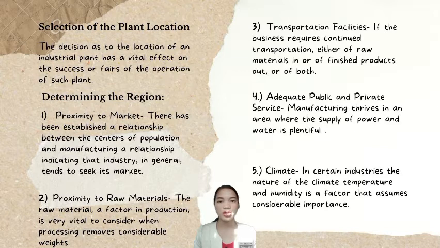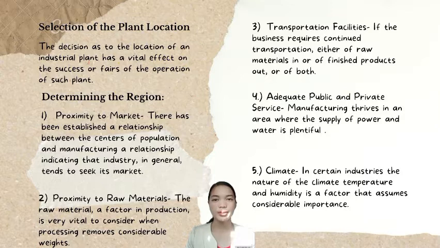The third one is transportation facilities. If the business requires continued transportation, either of raw materials in or finished products out, or of both, the convenience of transportation facilities has a real bearing on the economical conduct of the business. When the material is heavy or bulky, its transportation is directly tied in with the optimum means of transportation.